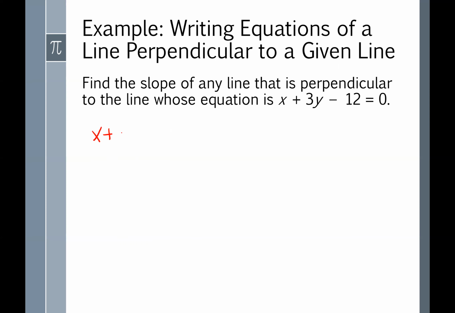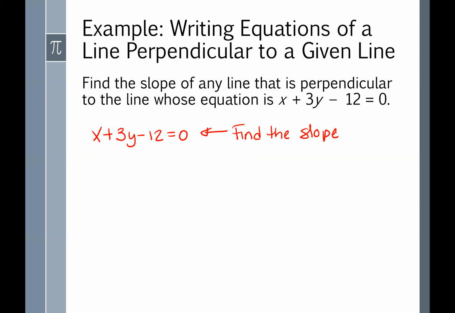So they gave it to me in general form. How annoying. I need to find the slope of this line. And then I'm going to take that slope, find the reciprocal, and change its sign. And that will be the slope of a line that's perpendicular to this one.